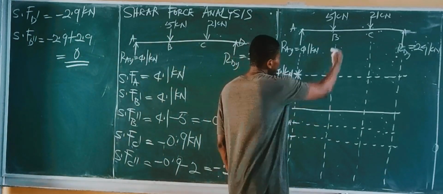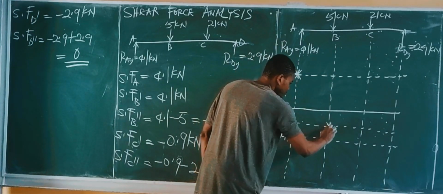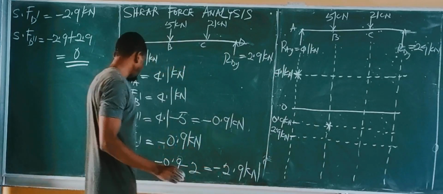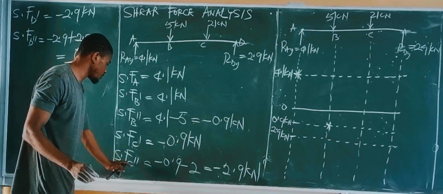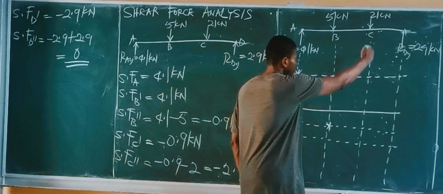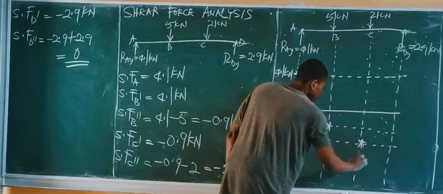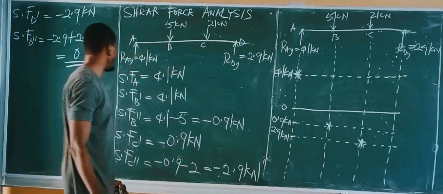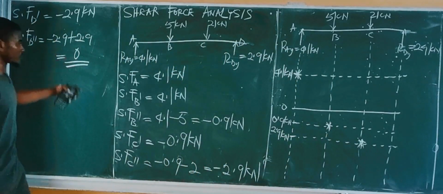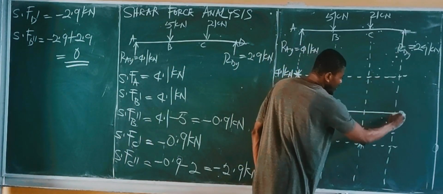So this is B, and this is minus 0.9, so asterisk. Okay. Shear force at C double prime, which is shear force at point C, is minus 2.9 kilonewtons. This is line C. This is minus 2.9, so asterisk. And then finally, shear force at G is given as 0. Okay, this is line G, and this is the 0 mark, so asterisk.